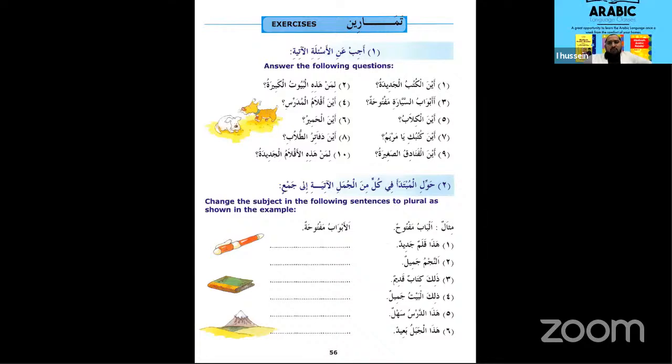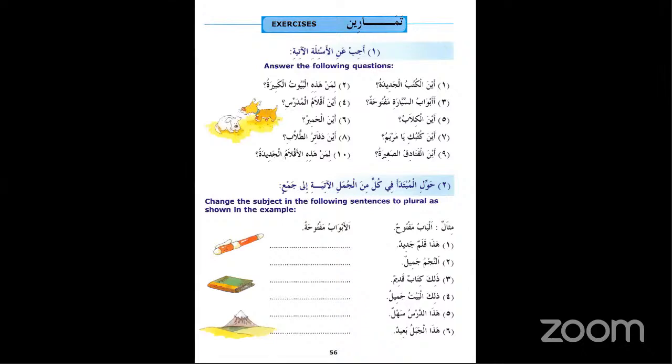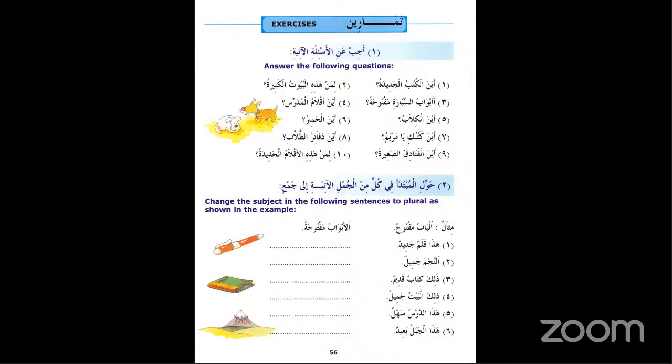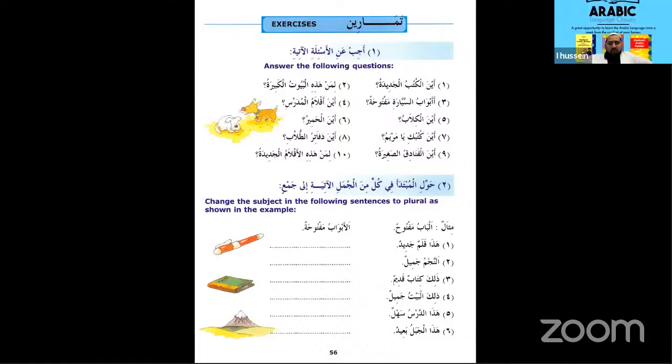You can use hadihi or tilka, depending on what you're going to. If you use hadihi, how do you say field? They are in the field. Hadihi fil Hakli. Yeah, the word for field is hakli. Okay. Excellent. Jazakallah. Can you choose another student?